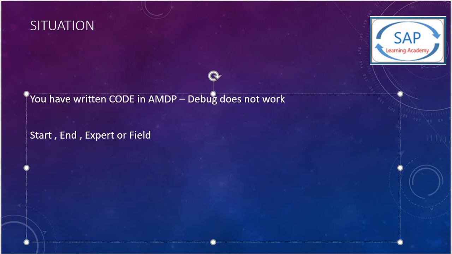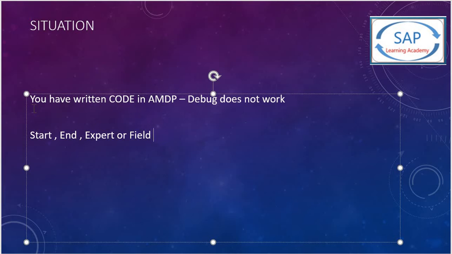So these four types of routines, you can write either of those or multiple routines in the transformation, and now you are trying to debug the DTP. Then your DTP does not get executed where you have set the breakpoint. So there are multiple reasons why this occurs and what are the solutions.